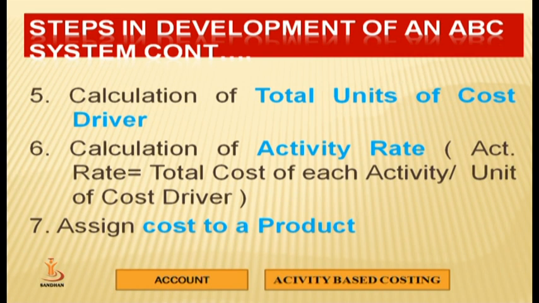By applying ABC, we'll find out now what actually the total cost of a manufactured product is. Because this is very essential to find out the cost incurred, to fix the selling price of a product.